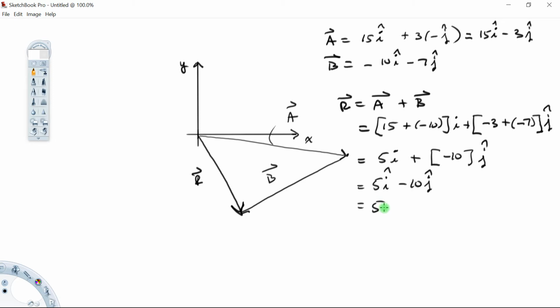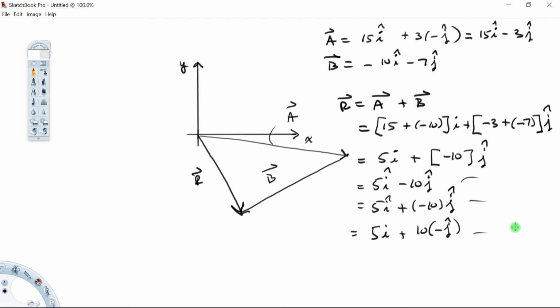Or we could write that 5i plus a minus 10j if we want to put that in parentheses. Or we could write this 5i plus 10 in the minus j. I like to put the minus signs with the unit vectors because then each term is like magnitude, direction, magnitude, direction. So any of these ways are perfectly acceptable for calculating a resultant.